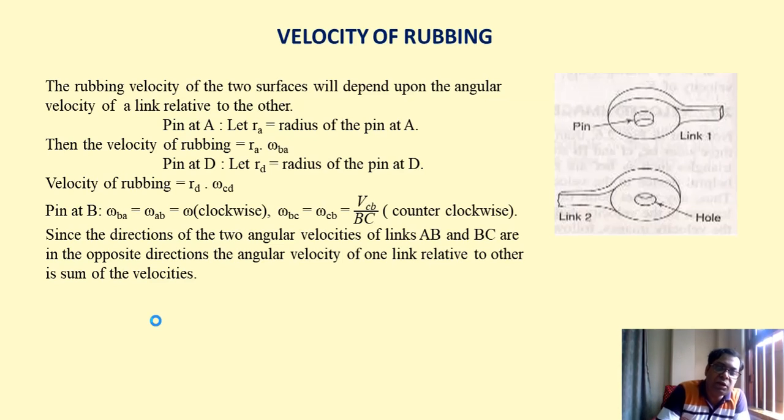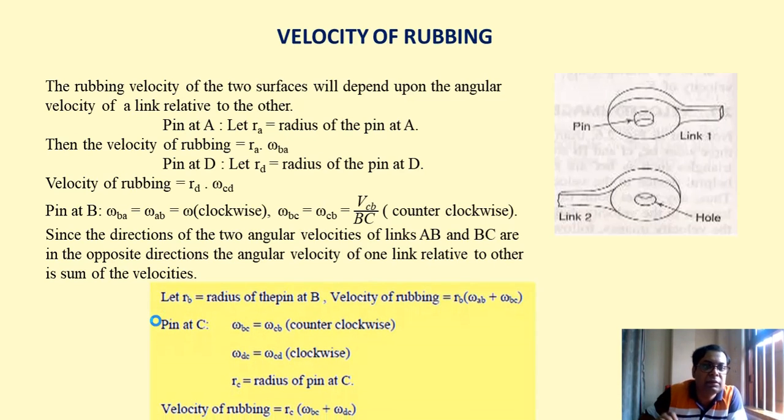Now since the directions of the two angular velocities of links AB and BC are opposite, the angular velocity of one link relative to the other is the sum of the velocities. For example, let RB be the radius of the pin at B, then velocity of rubbing is RB into within bracket omega AB plus omega BC.